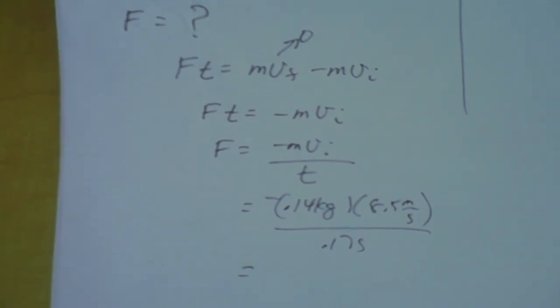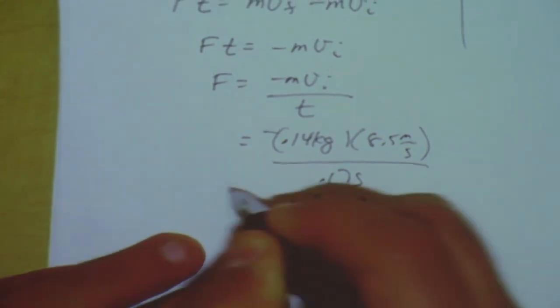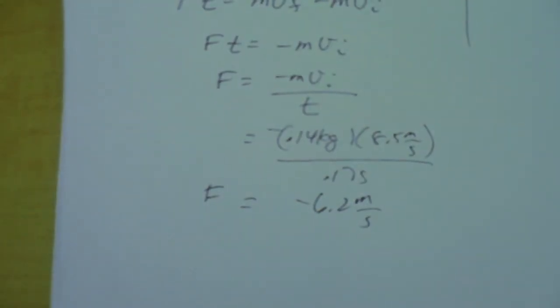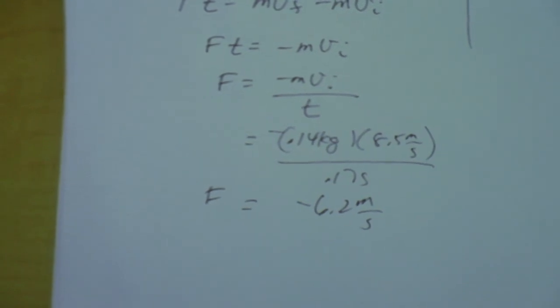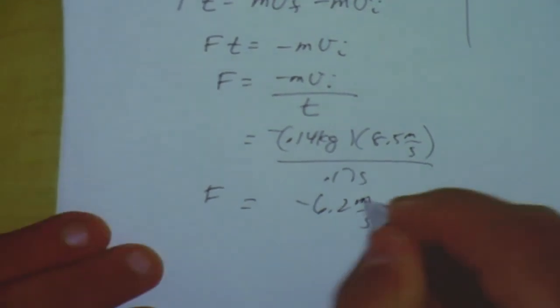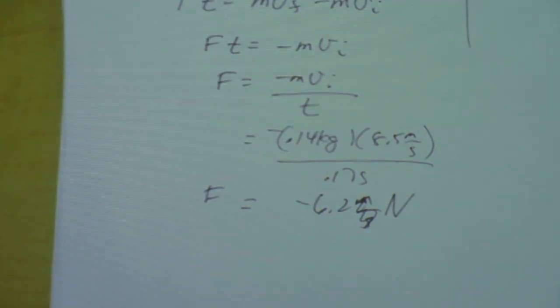Anybody have the number? .2. Anybody else get that? So check it out if you didn't. Newtons. Thanks, Rick. Kilogram meter per second squared is a Newton.